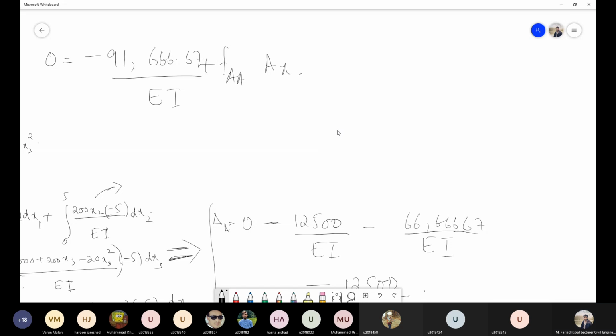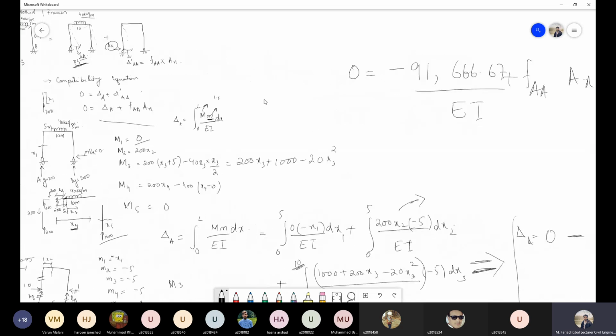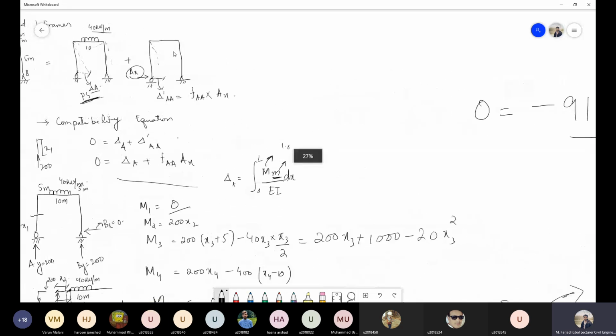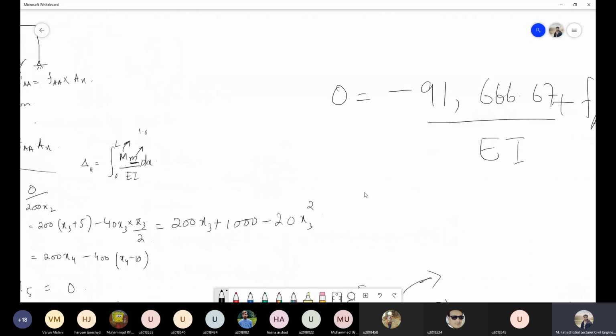How will we calculate it? Sir, we will try a unit load in place of the UDL. In place of what? This is our structure, right? We don't have a UDL actually. This is our structure in which we have to find FAA. So how will we get that?